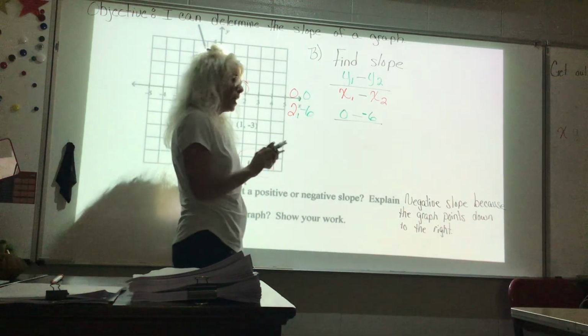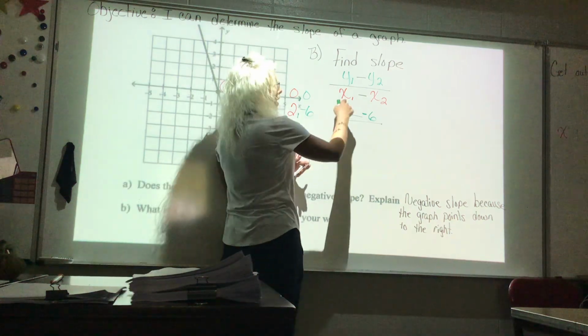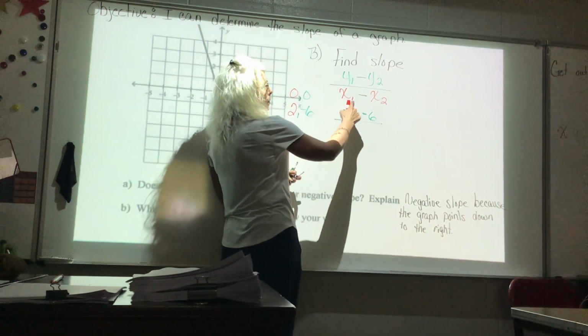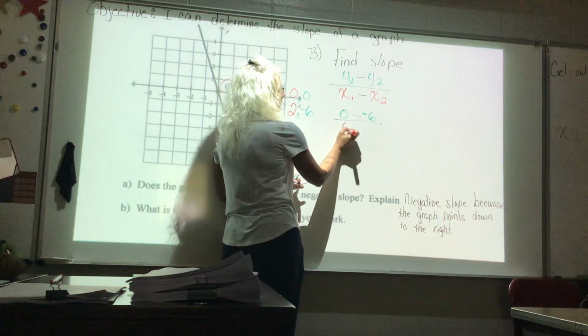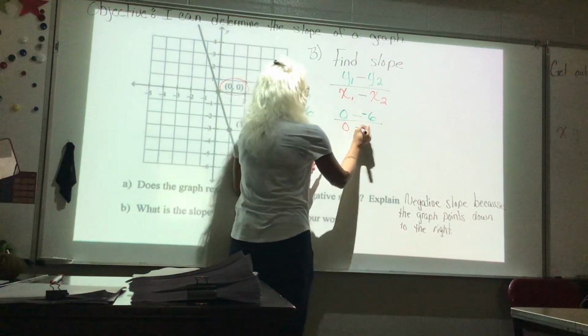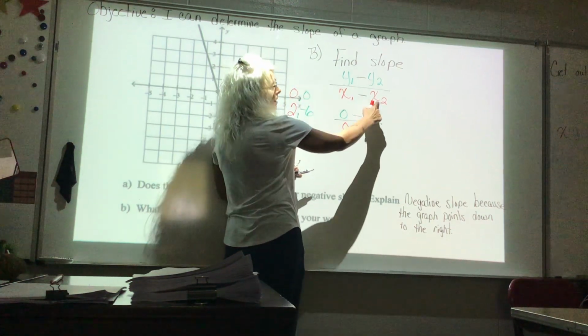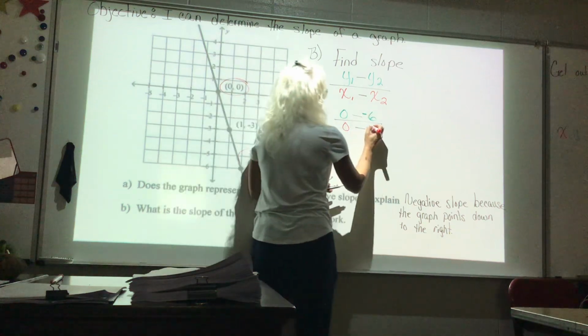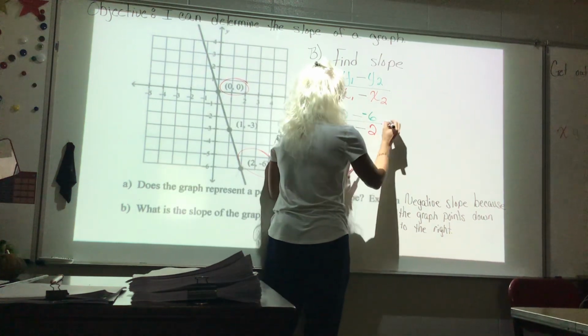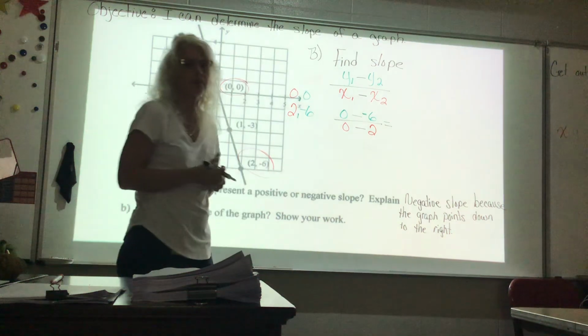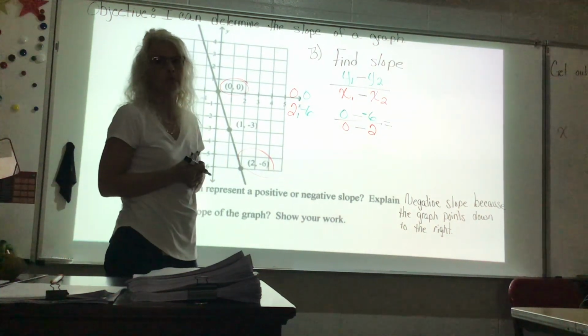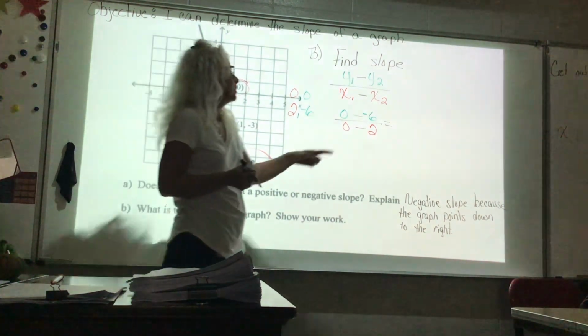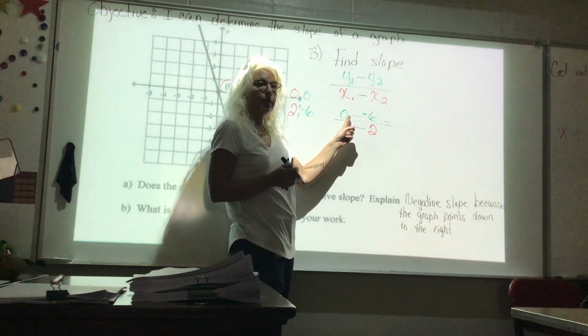Can you do that? Yes. Now I'm going to go to my x sub 1, so I'm going to write down my first x. Subtract my second x. Are we okay? Yes.